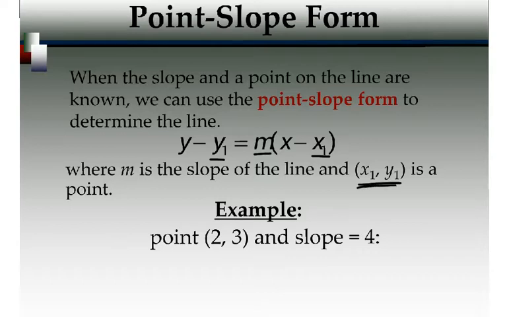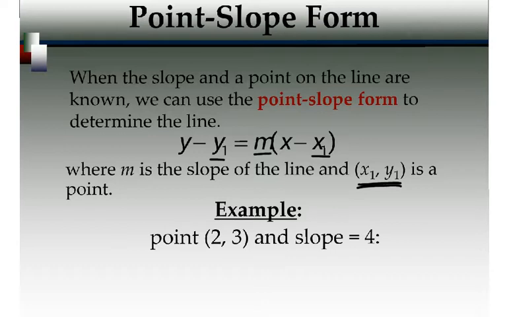A point will be represented by an x value and a y value. We just plug those in, and when we solve for y, we've got it in slope-intercept form, and we've got our equation. So that's what we're going to do with this example: use the point-slope form to figure out our equation of the line in slope-intercept form.